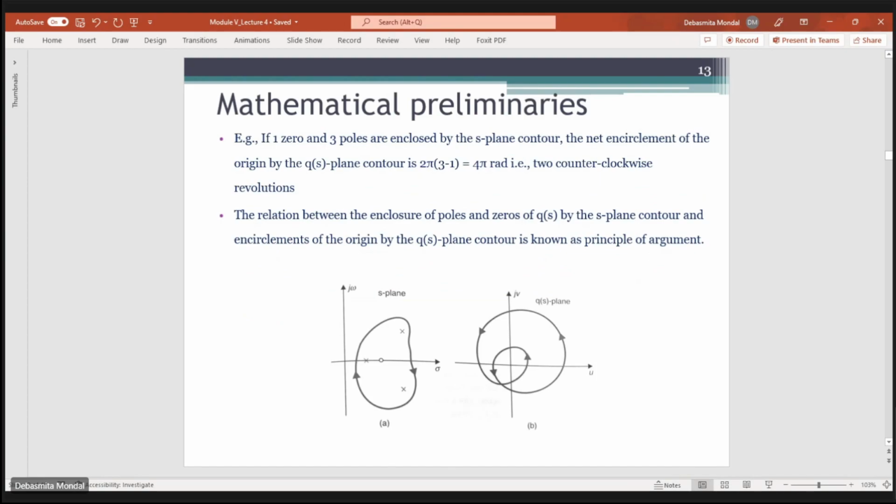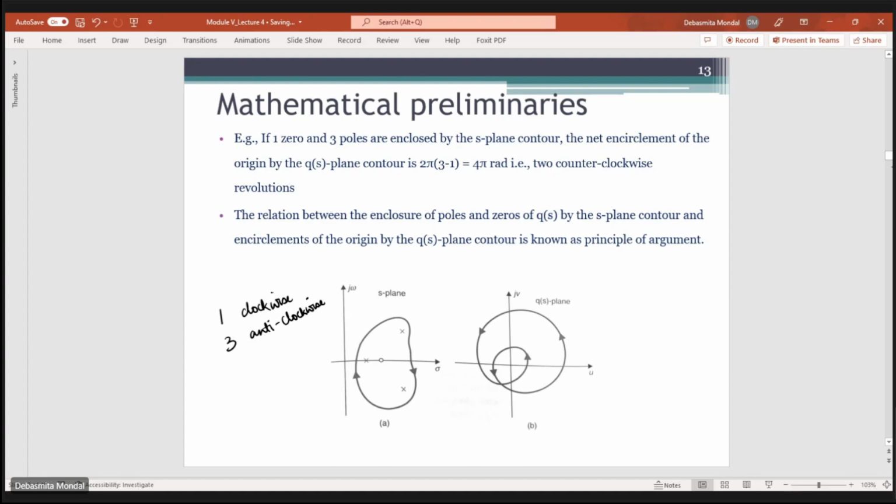Similarly here, let's say that we have 3 poles and 1 zero enclosed by this S-plane contour. In the QS plane, the 1 zero means 1 clockwise encirclement, and the 3 poles mean 3 anti-clockwise encirclements.